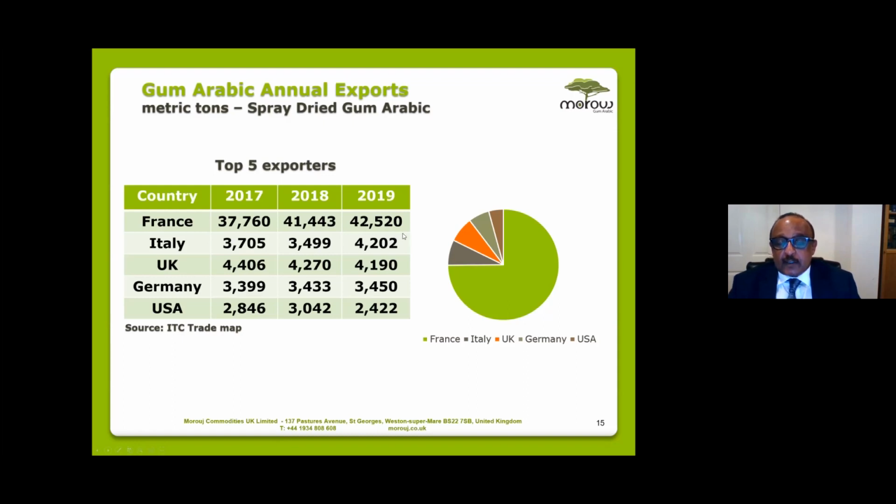Of this 6,000 tons difference, 4,000 tons is losses during the spray drying process, because 4% is lost as moisture: the moisture of the raw gum is about 13% on average, and for the spray-dried product about 9%.